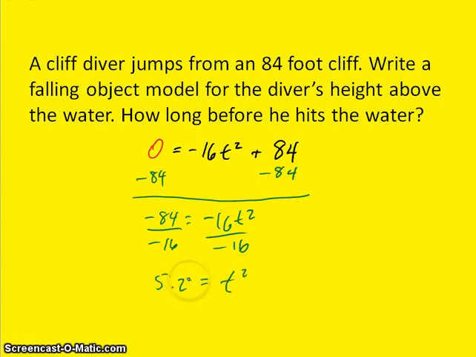Again, here is where if I take the square root of both sides, I only want the positive number, 2.29. So it takes 2.29 seconds to fall from the top of the 84-foot cliff into the water.